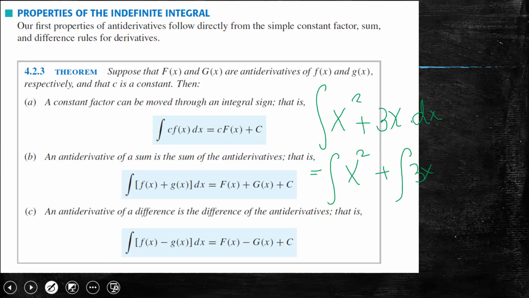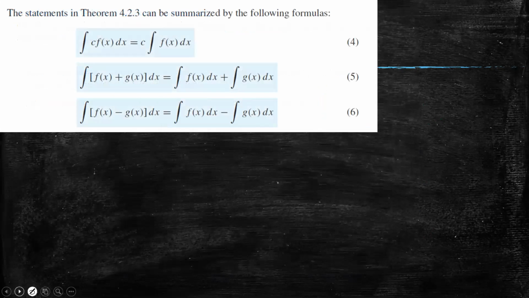And if they are subtracted also, an antiderivative of a difference is the difference of antiderivatives. This is for the properties of the integral sign. The statements here can be summarized by the following formulas, like integration of constant times f of x. As I told you, I will keep the constant c outside, times the integration of f of x.